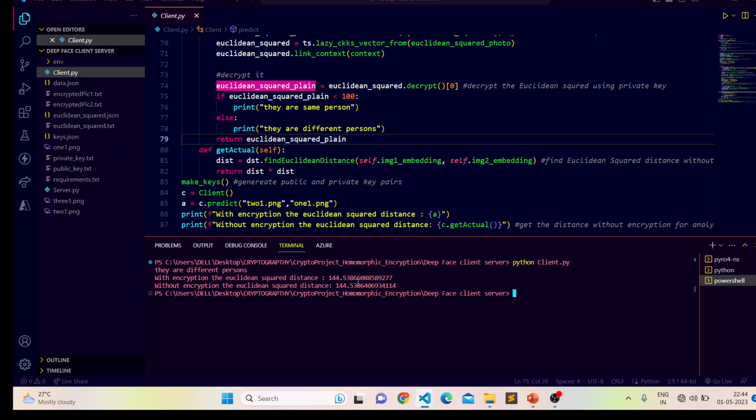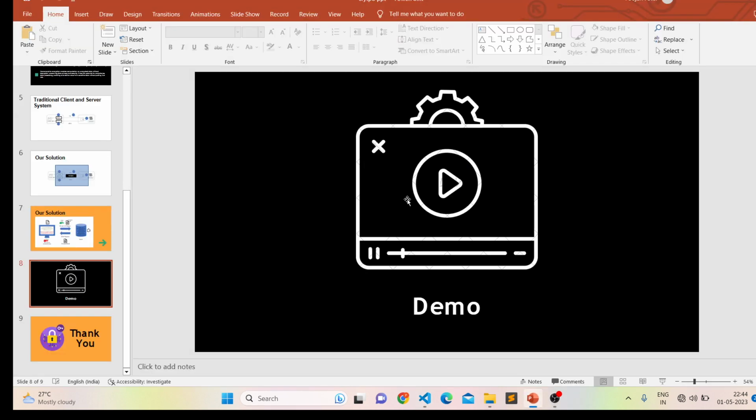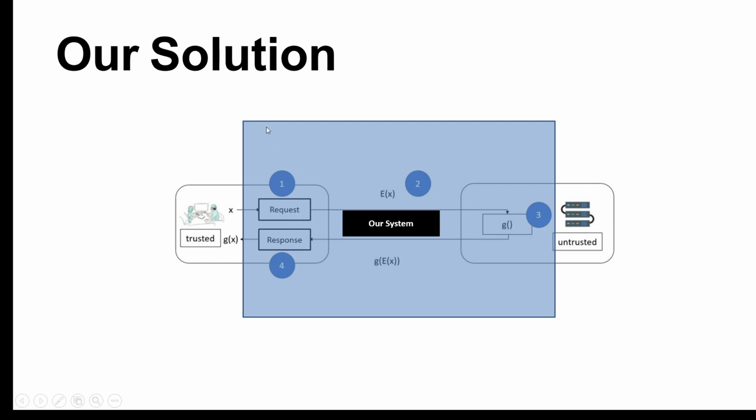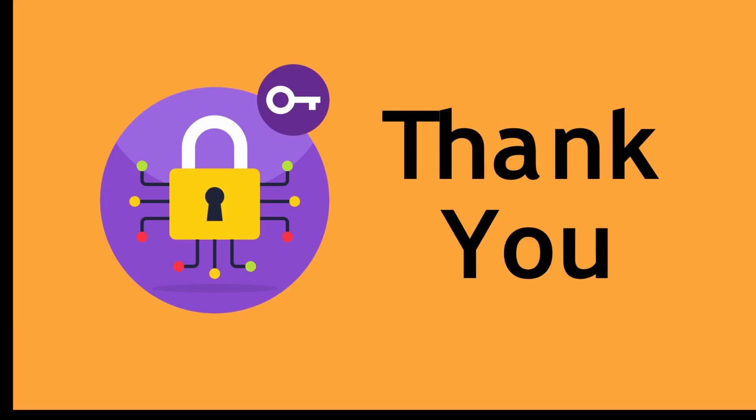Similarly, in linear regression, the accuracy of the system depended on the scikit-learn module. So we are trying to convince you that our solution acts as an interface between client and server, which can work in any type of client and server system where computations are involved. So thank you very much.